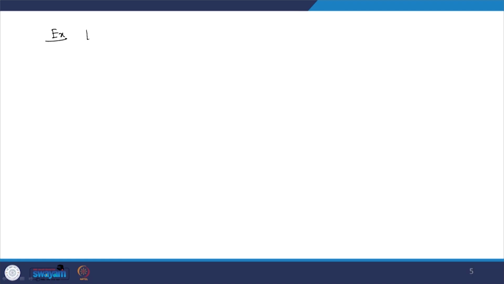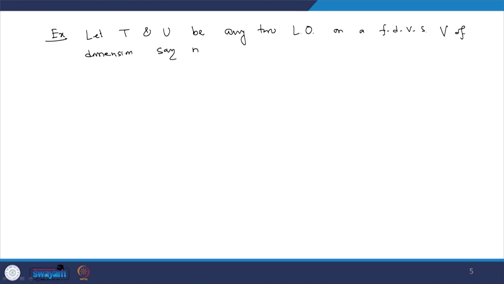Let me take another example. Let T and U be any two linear operators on a finite dimensional vector space, say capital V of dimension, say small n.